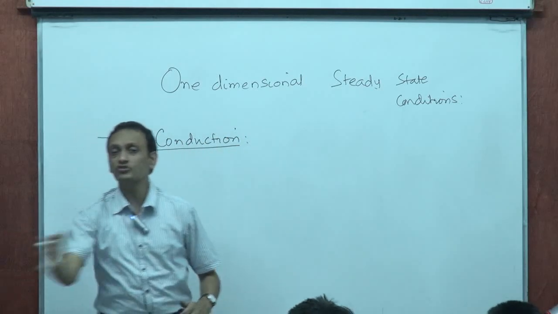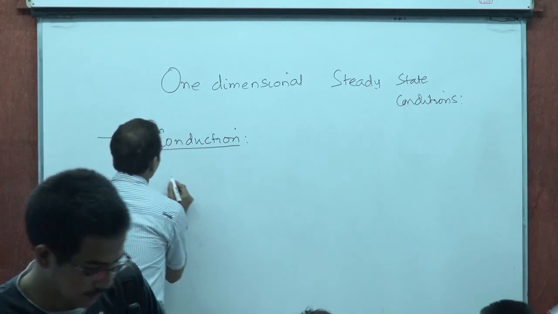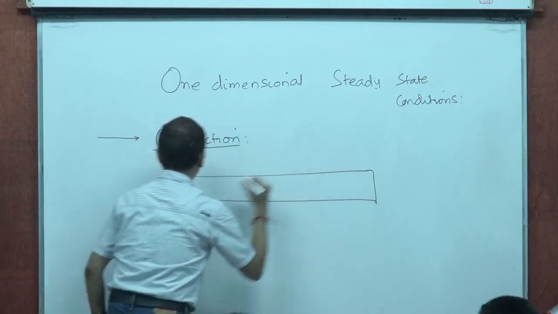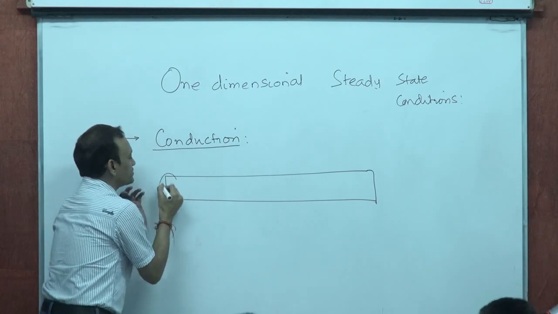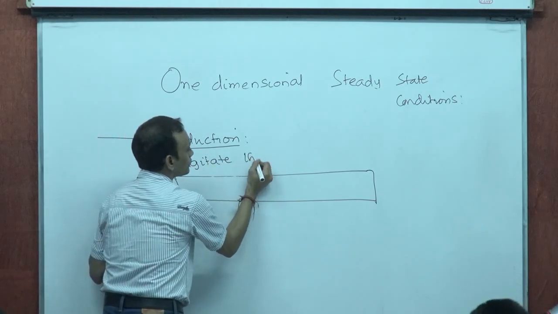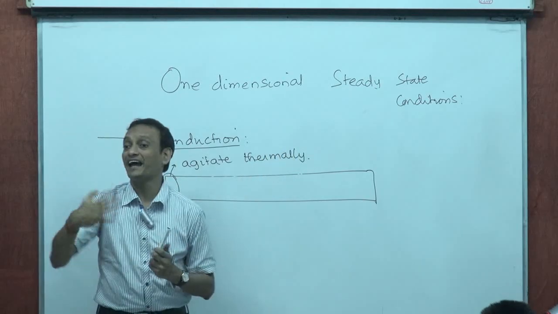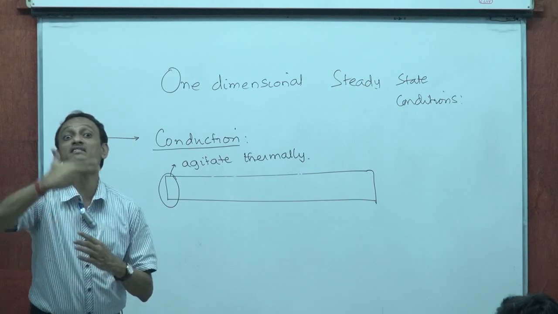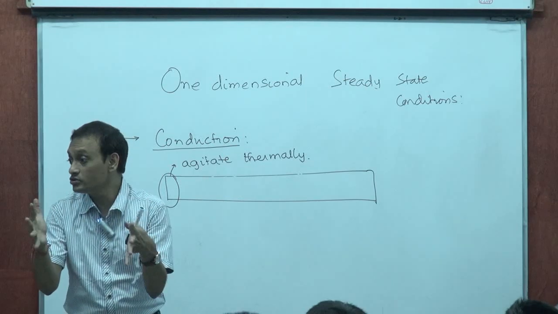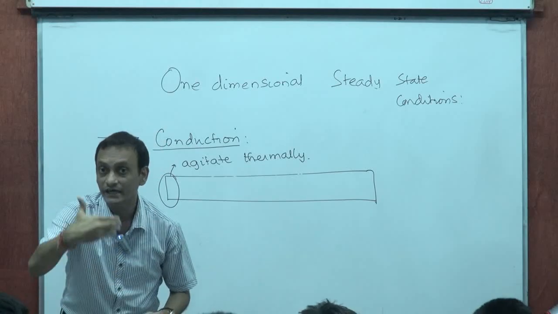This is related to flow of heat in a material medium, where if, let's say, this is a certain medium, and a certain region of the medium, I agitate thermally. I increase the temperature. When I increase the temperature, then the vibration of the molecules about their mean position will increase, right?